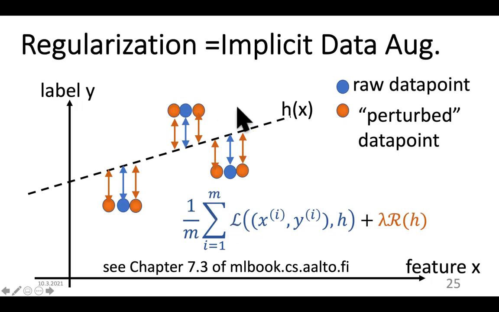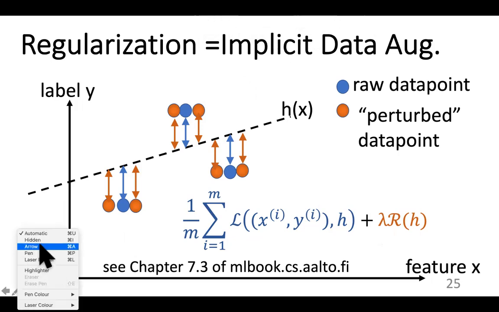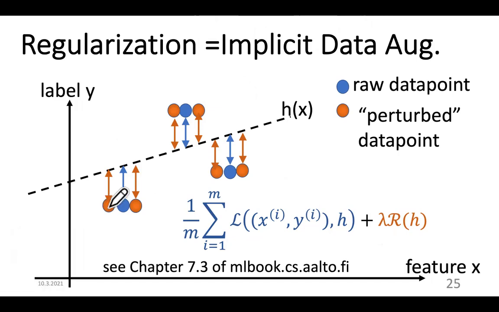For example, when you use regularization, then you rule out learning a function like this. So let me show learning a hypothesis that looks like this. It jumps exactly to the few original data points, and otherwise it is constant.